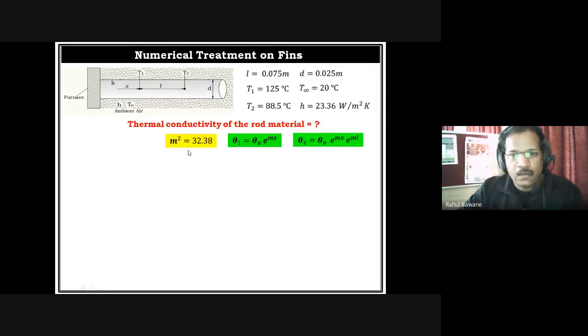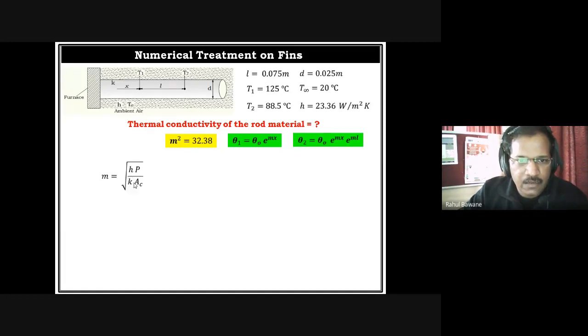Now we have all this data. Now we know m is the square root of hP upon kAc, where k is our focus to find out. That's when we have to put in all the remaining values. So m square, because m itself is a negative value, so we take the square to make it positive. So here m square, the square root will be cancelled, so it will be hP upon kAc.